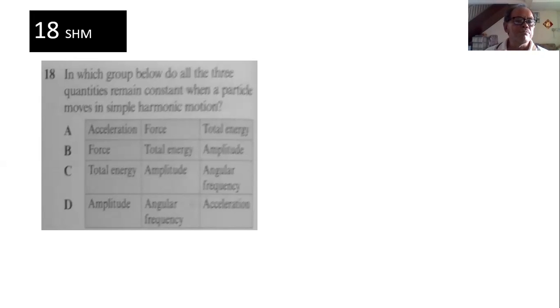In which group below do the three quantities remain constant when a particle moves in simple harmonic motion?